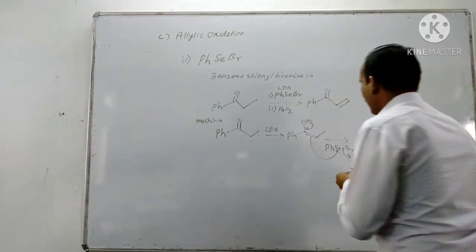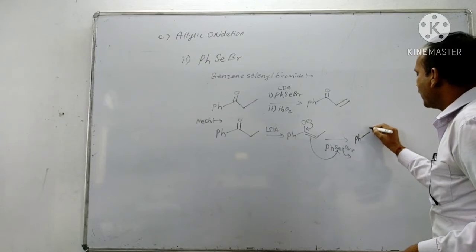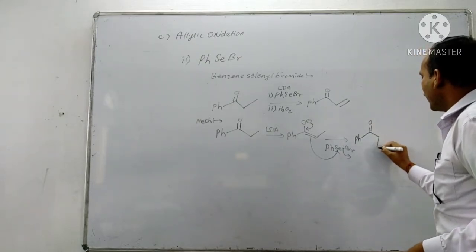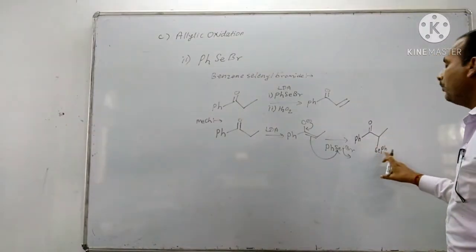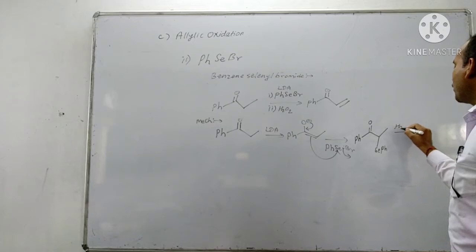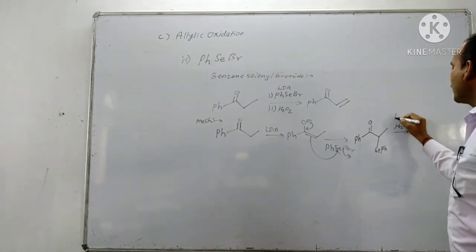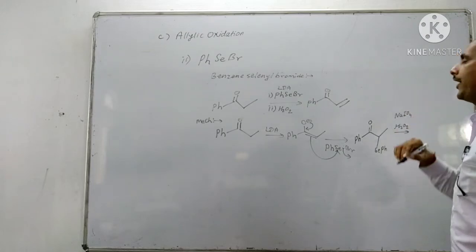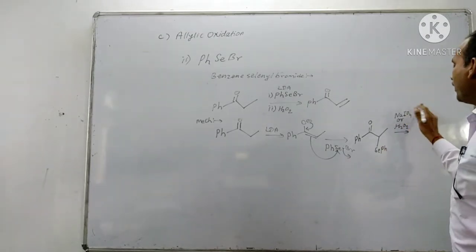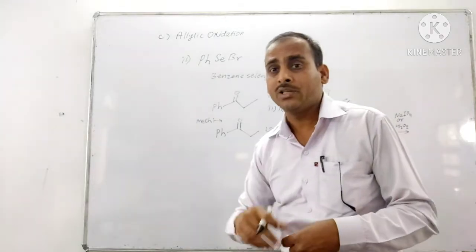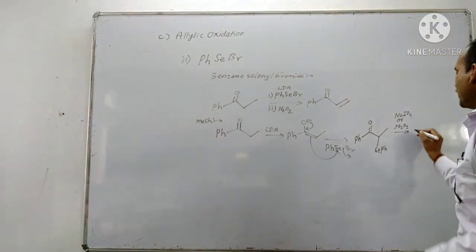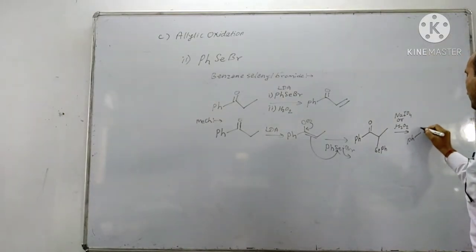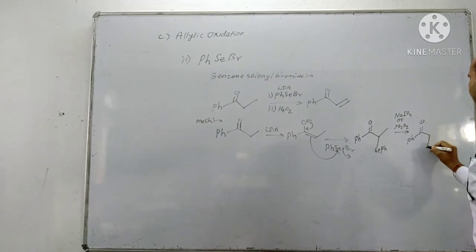Then Ph C double bond O, SePh CH3. Now this SePh, using H2O2 or sodium periodate, we can oxidize the selenium to form the selenium oxide, and again this forms the double bond. Here the Se gets oxidized to Se double bond O.